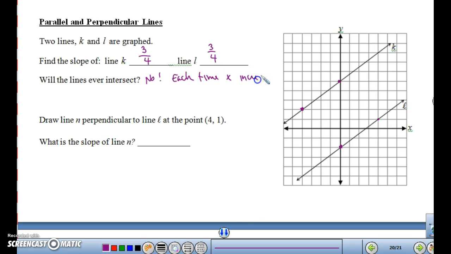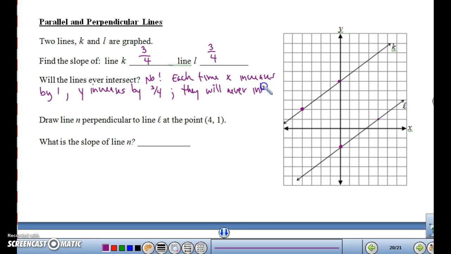Well, y is going to increase by 3/4. So they are actually increasing at the same rate. So are they ever going to intersect? It's happening at the same time, so that's not going to work. They will never intersect. If they're both moving at that same slope, they're never going to intersect.